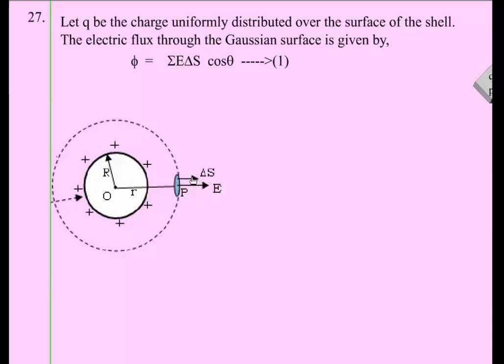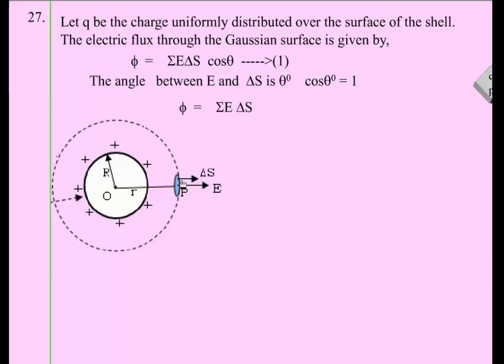As these two vectors are parallel, the angle is 0. Therefore, cos 0 is 1. This equation becomes phi is equal to sum of E delta S into 1.